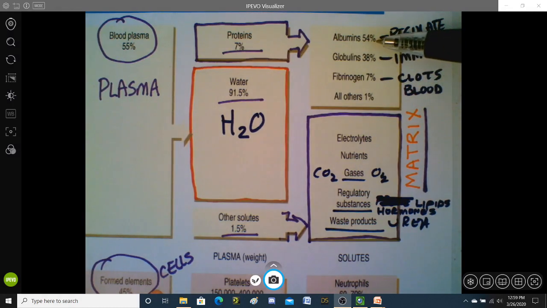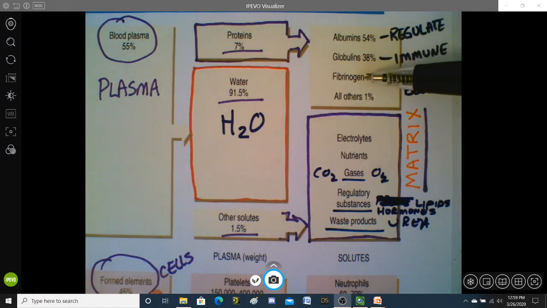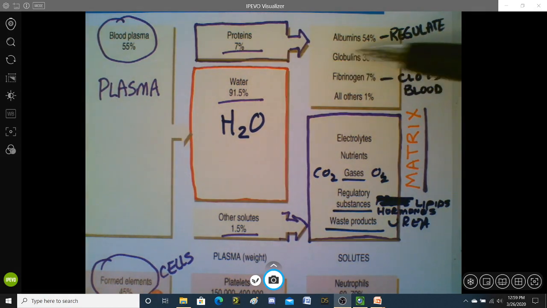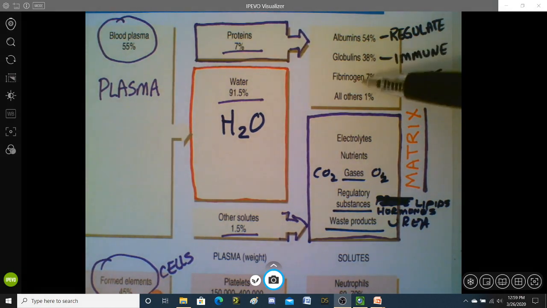Well, they're things like albumins, globulins, fibrinogen, and then some other proteins that may be carried through the blood. Albumins are regulatory proteins. Globulins are proteins that are involved in our immune system. Fibrinogen we'll talk about a little bit later in this class, and that deals with blood clotting.